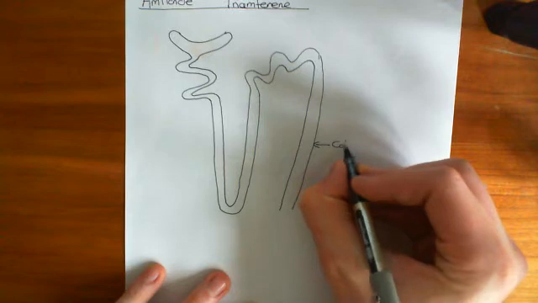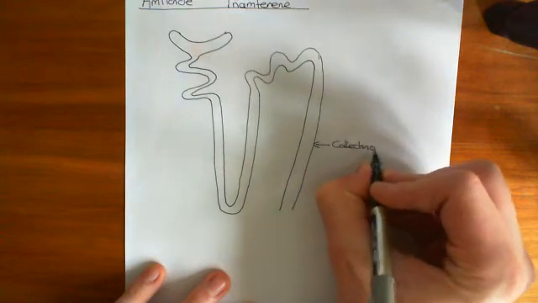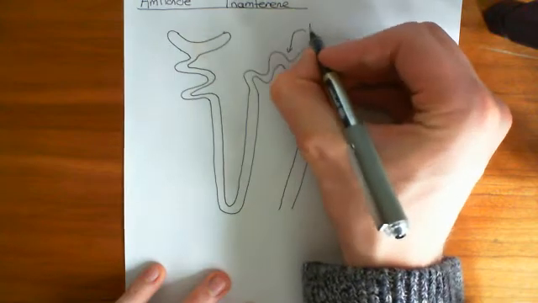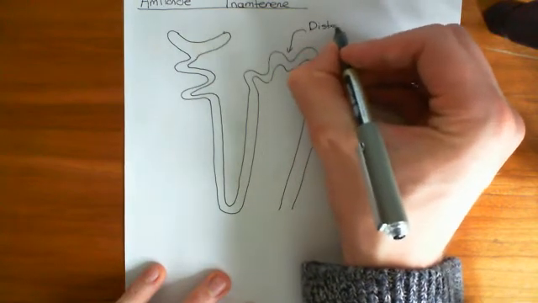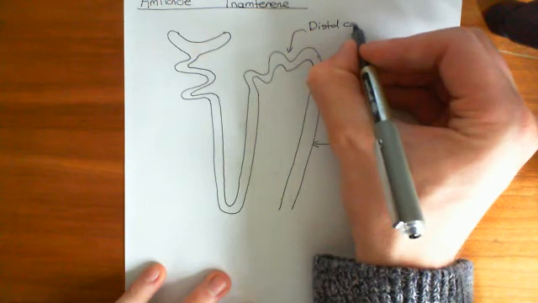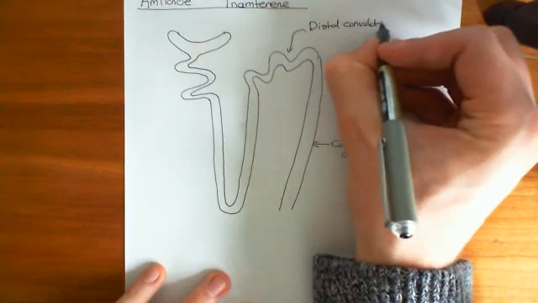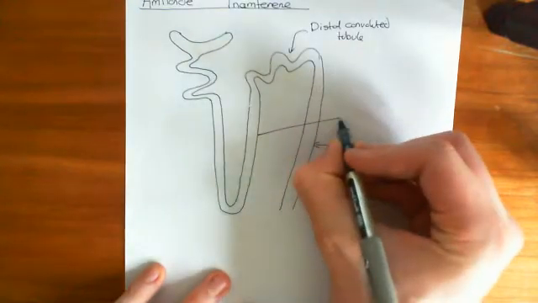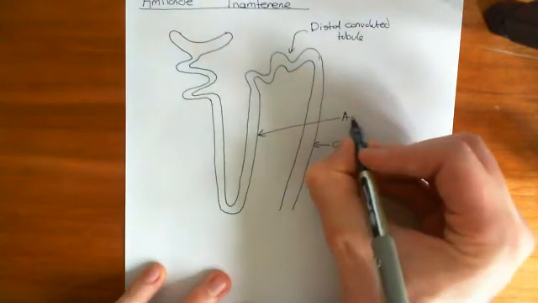So this is the collecting duct. This is the distal convoluted tubule here, and convoluted just means that it curves in the way that I've drawn. Distal convoluted tubule. This is the ascending loop of Henle here. Ascending loop of Henle.